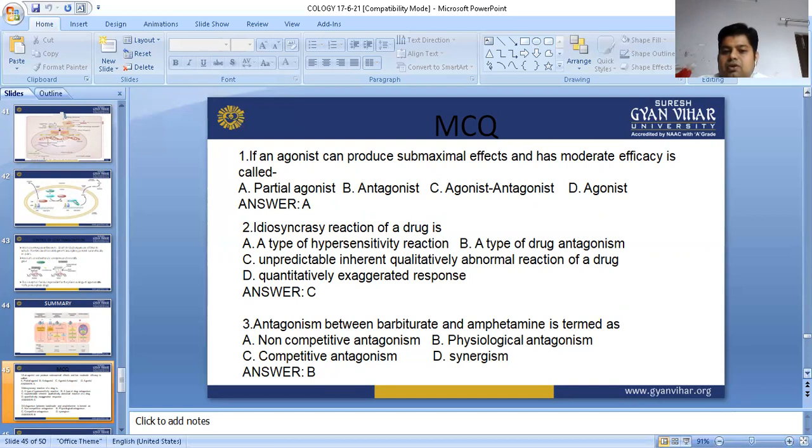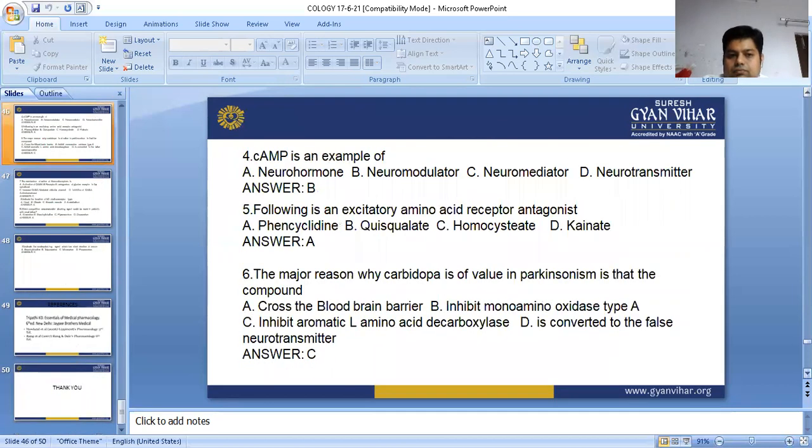Antagonism between the barbiturate and amphetamine is termed as, the answer is physiological type of antagonism. CMP is the example of neurohormone, neuromodulator, neuromediator, or neurotransformer.